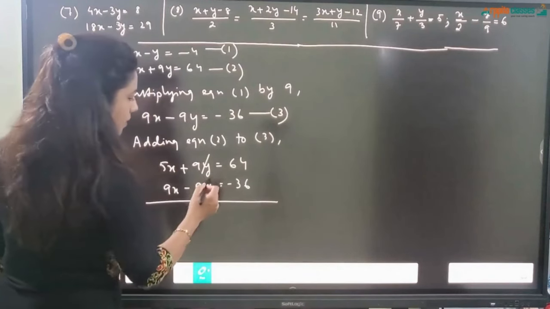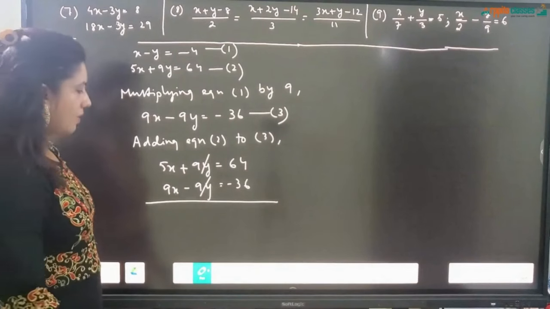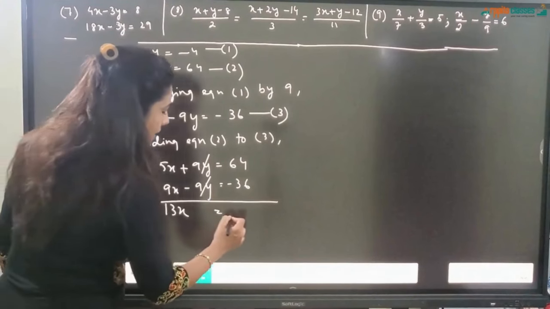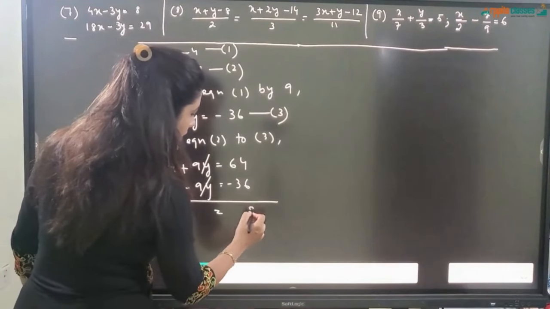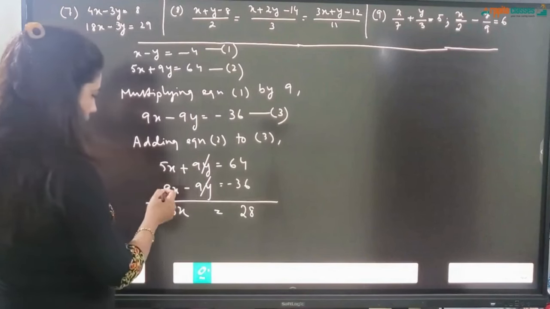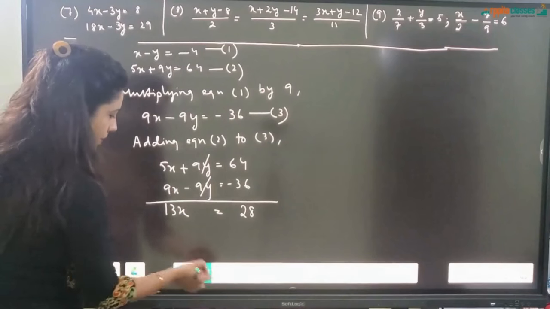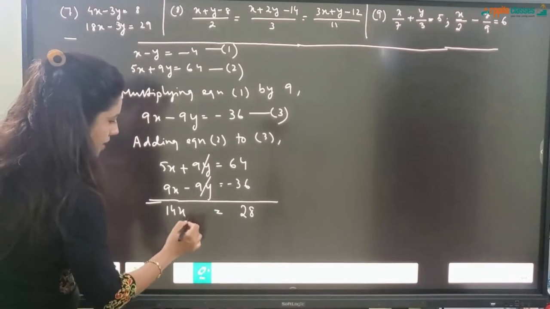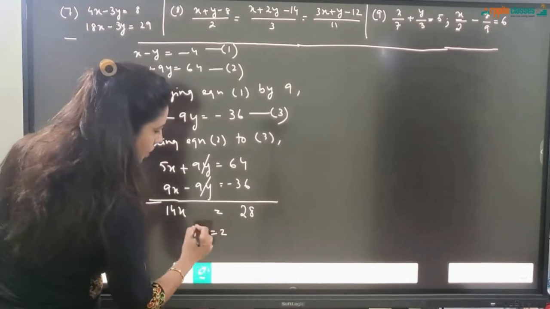While adding, 9y plus 9y minus 9y will get cancelled. 9 plus 5, sorry, 9 plus 5 is 14, so this is 14x = 28, or x = 2.